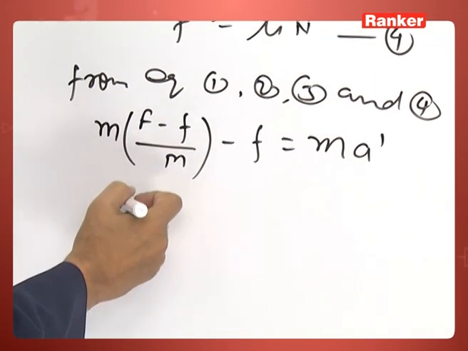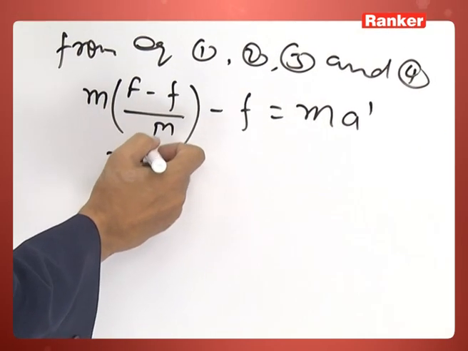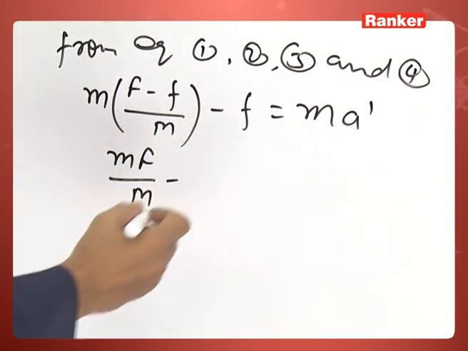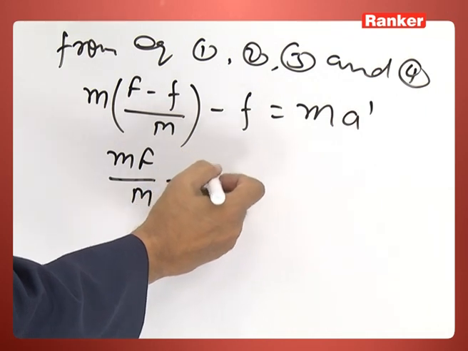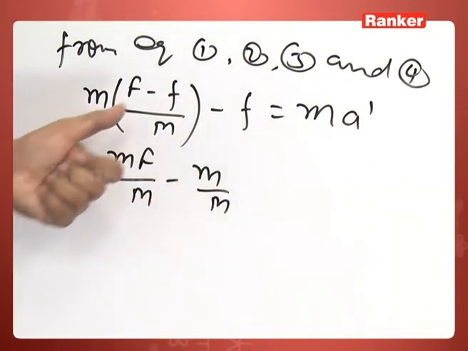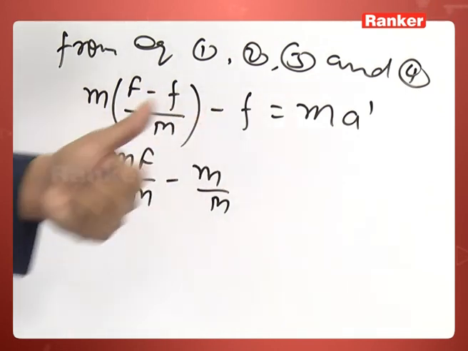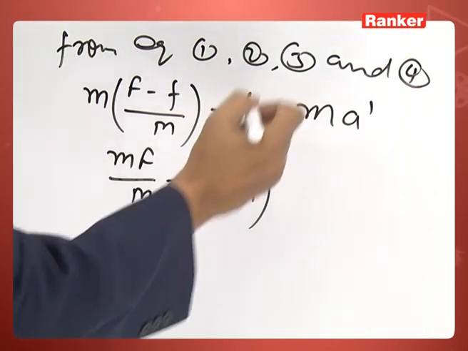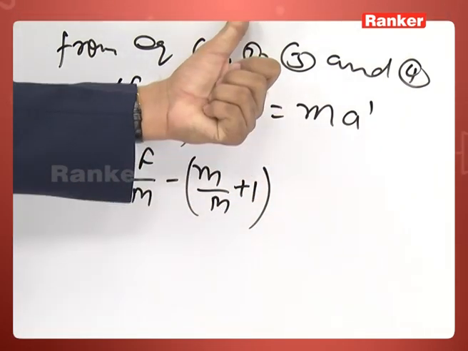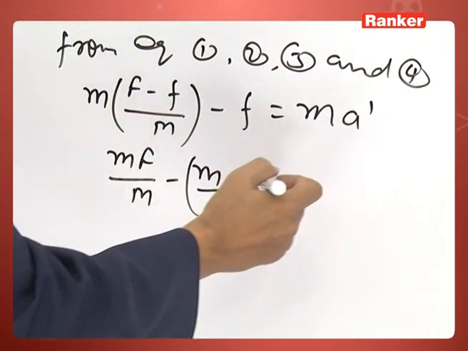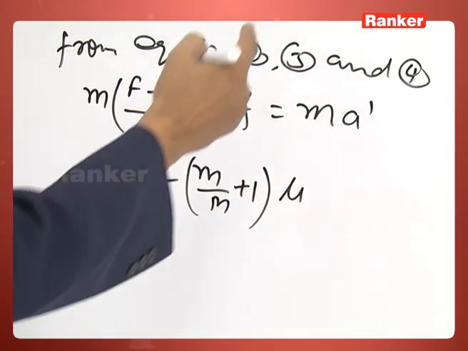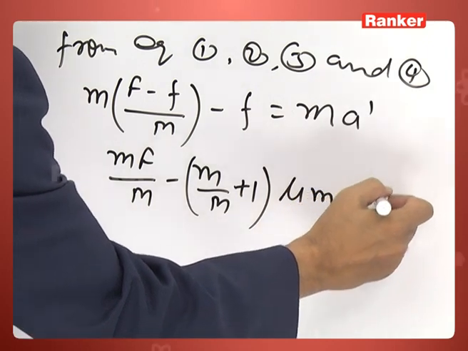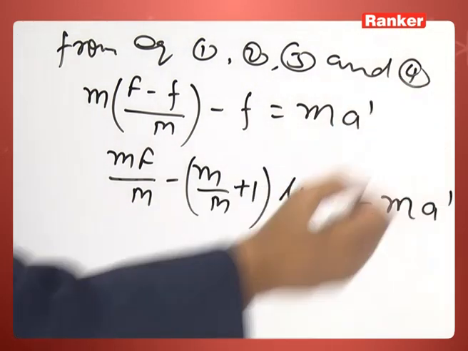Now, we can say small m F by capital M minus (m by M plus 1) into f, f is nothing but mu into N, N is nothing but small mg, is equal to m a dash.